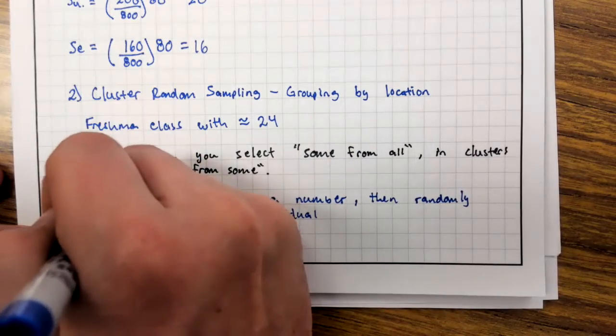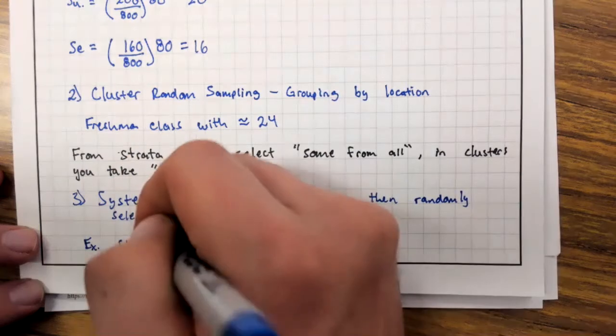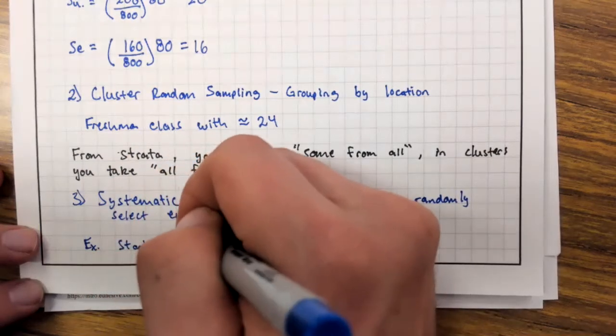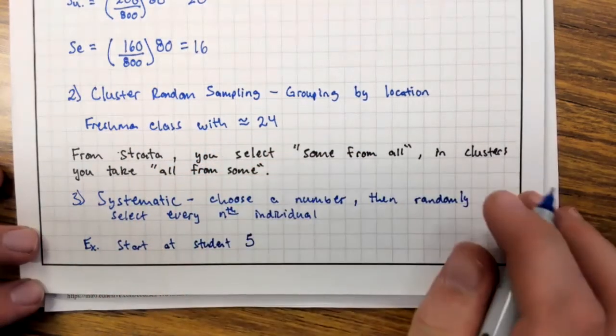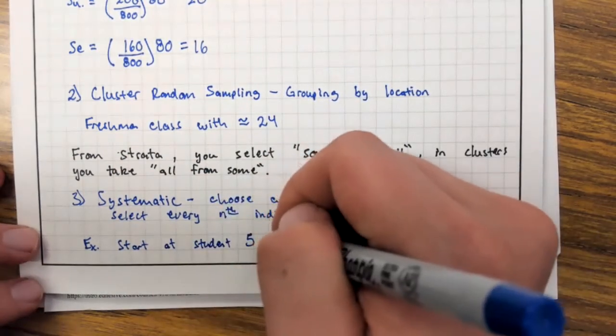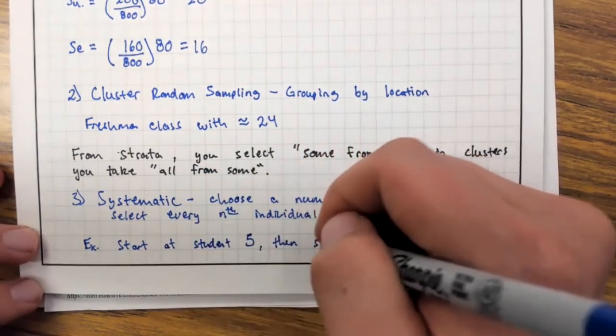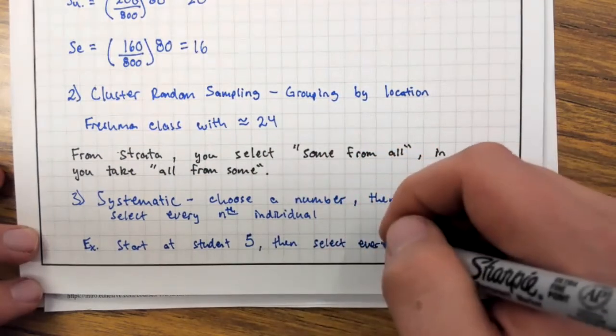So I guess I could put it into words here. For example, start at student 5, whoever came 5th in that alphabetical list. Then select every 10th student afterward.